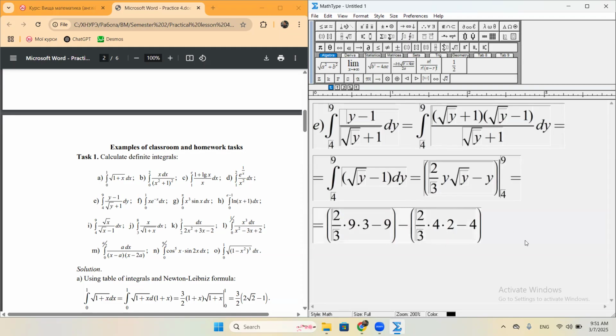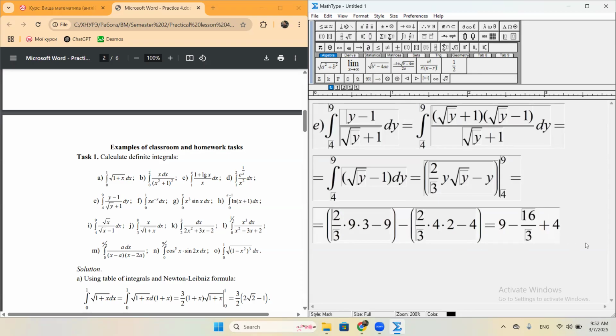So now let's expand these brackets. What do we have here? We can cancel 3, so 18 minus 9, so 9, and here minus 16 over 3, and plus 4.